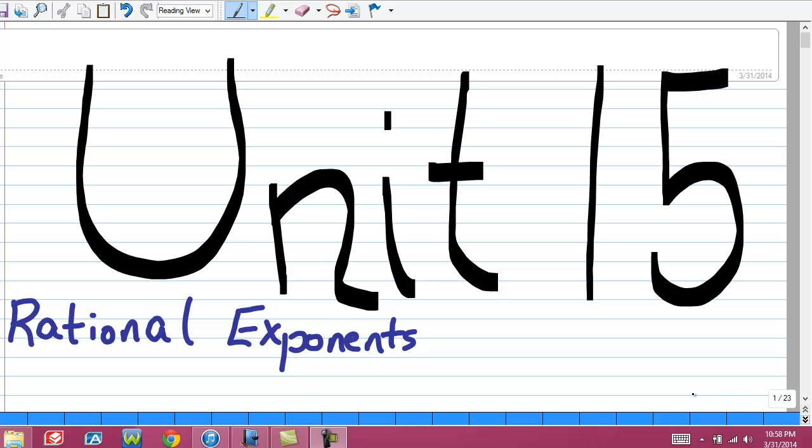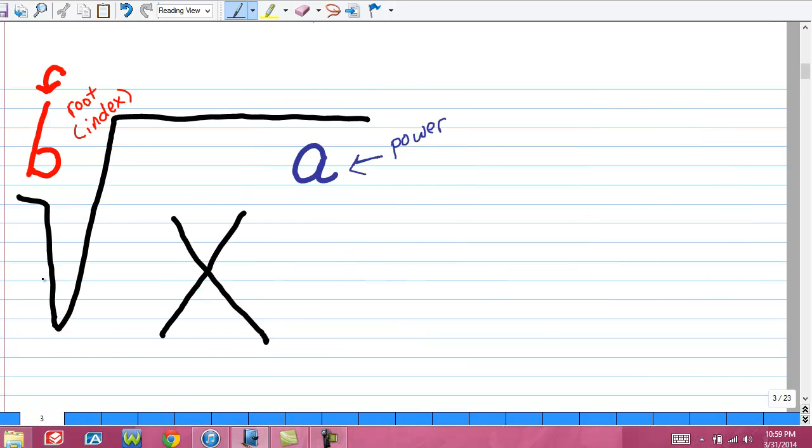We continue Unit 15, Law of Exponents, with rational exponents. Underneath the radical symbol, we have the x, raised to an exponent a. A is the power.